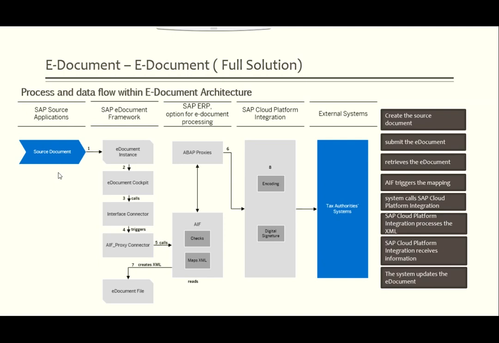Once the source documents are posted, the system will generate the e-document instances in the e-document framework, and based on the functionality, the e-document framework will process that information and generate the XML file. Those XML files will be routed to SAP Cloud Platform Integration, from where it will apply the digital signature and transmit those files to the external partners, that is called PAC.